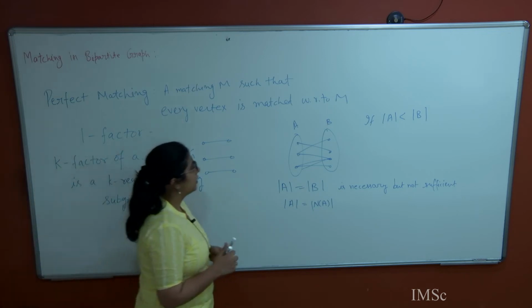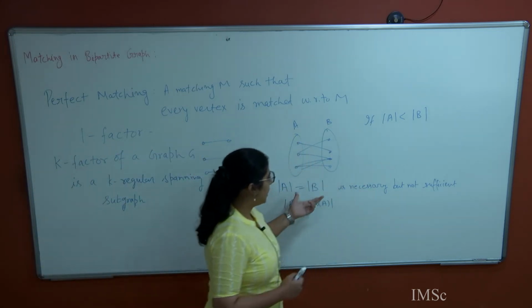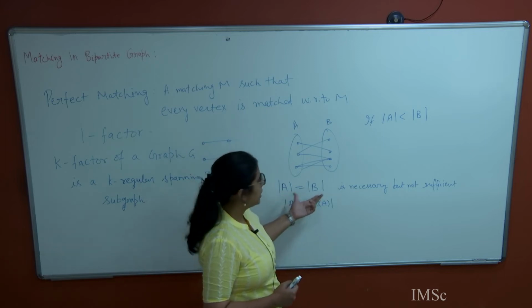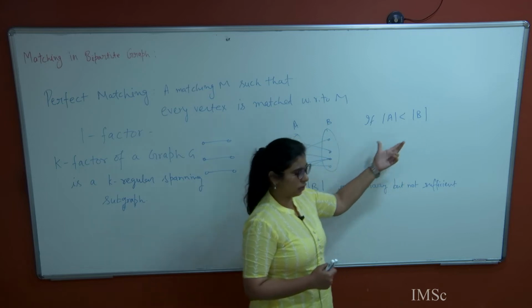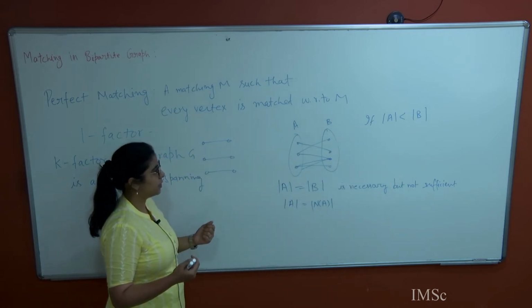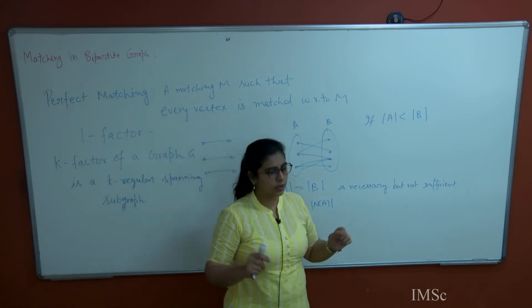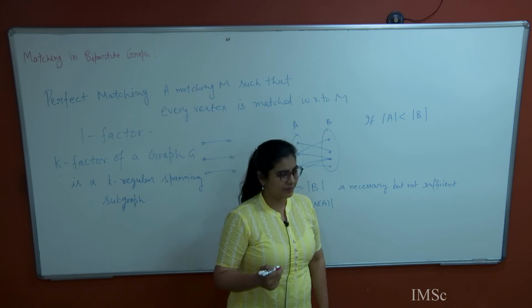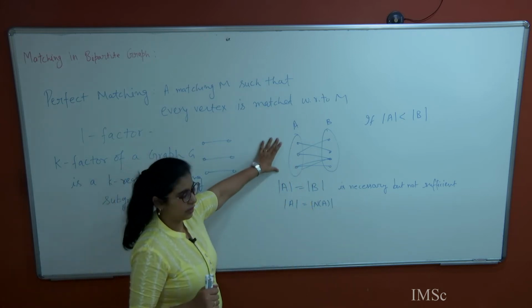Now suppose the cardinalities are not the same, so let's say the cardinality of A is less than the cardinality of B. Can we say something about a matching which saturates one part? Obviously that will be maximum. So can we say something about that?